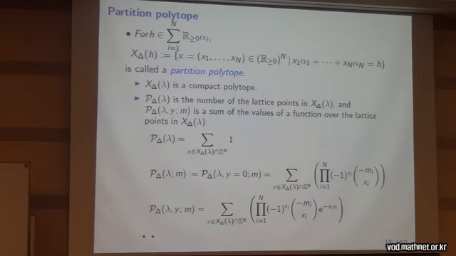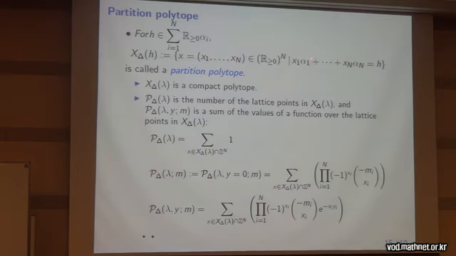Given H in the positive cone generated by the alpha i's, we define X delta of H to be the set of elements in this quadrant defined by this equation.